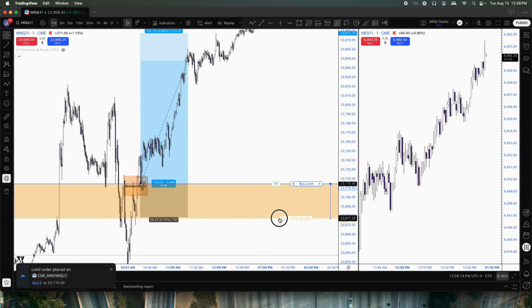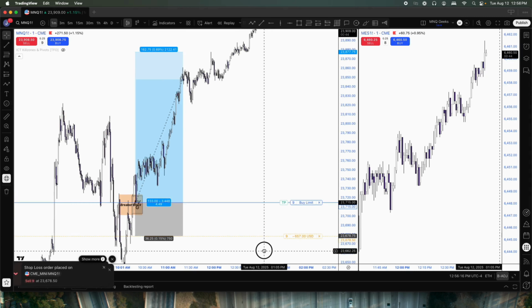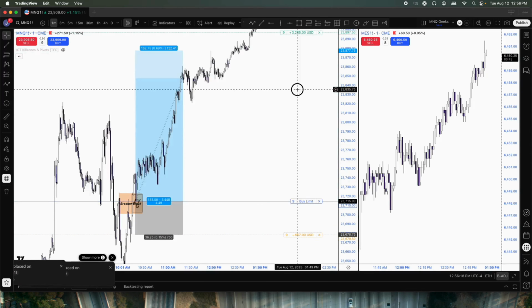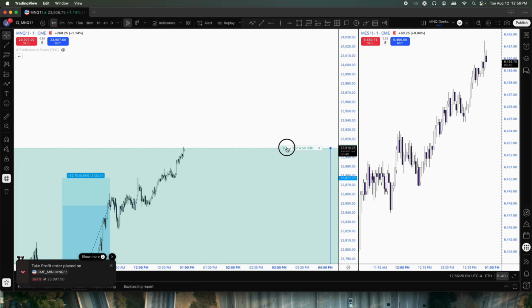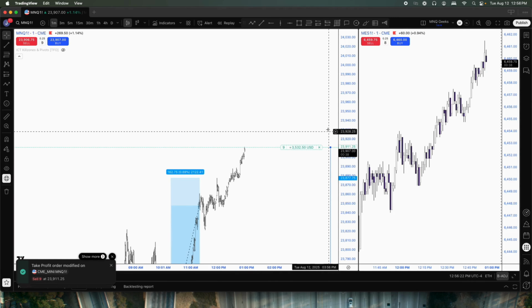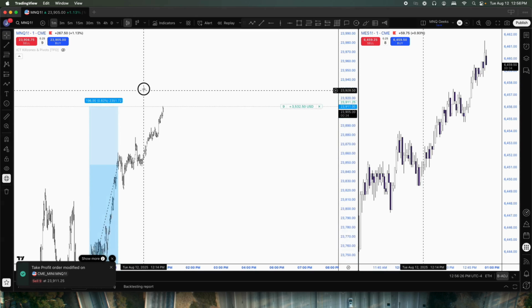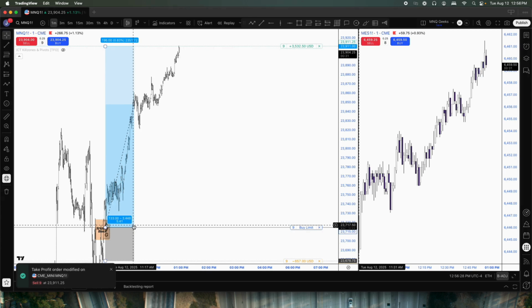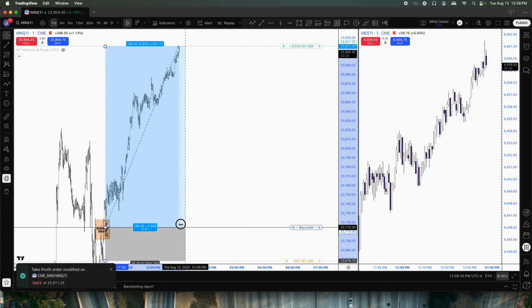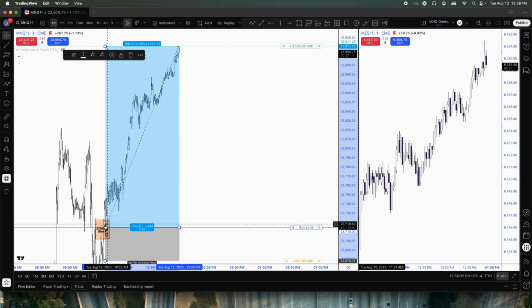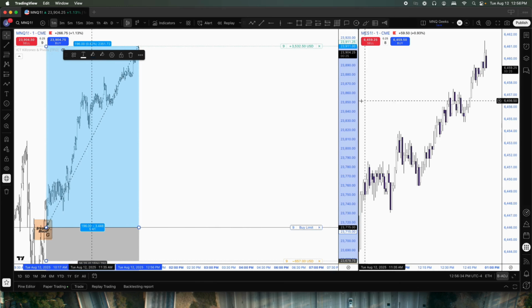Stop loss down here, you could have risked $600, and if you caught the entire move, you could have made $3,532 just from trading 9 micros, from the unicorn model that presented itself at 10:18.